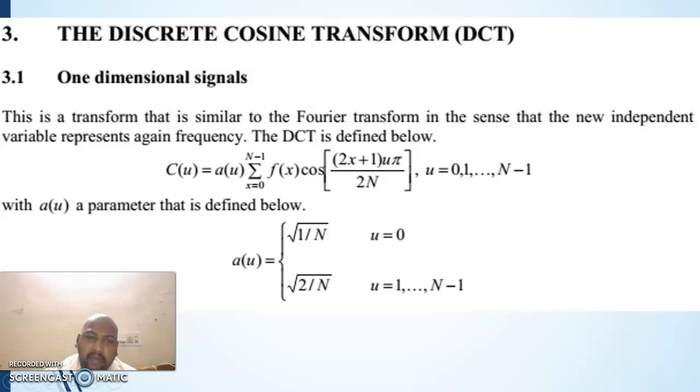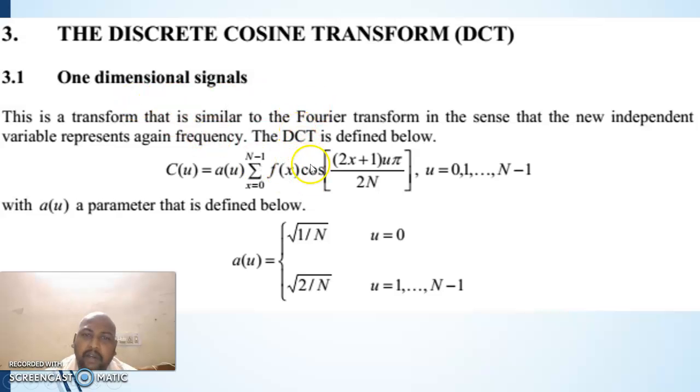Here, the basis function is relevant to cosine, that is a real valued basis function, whereas in the Fourier transform it is complex conjugate.